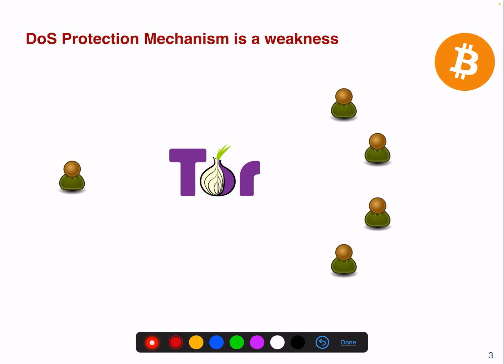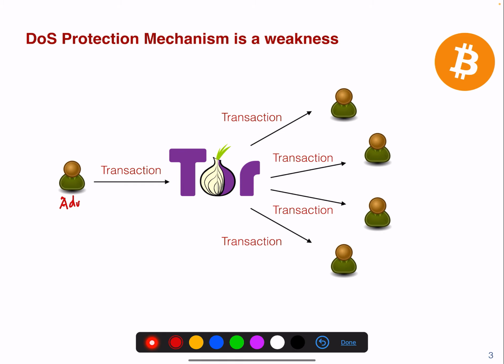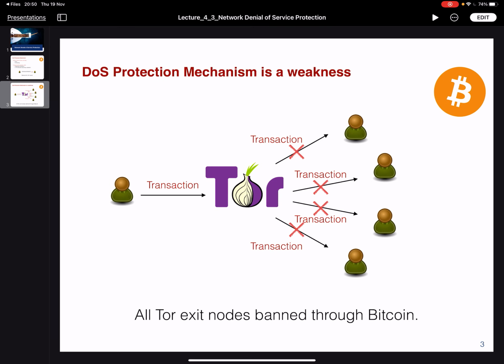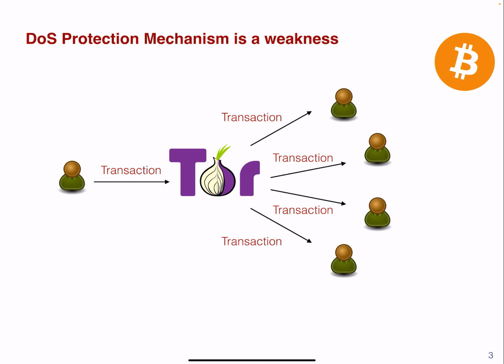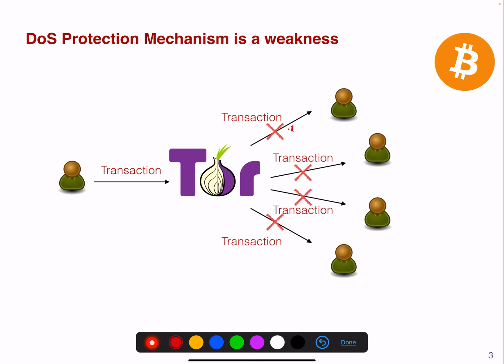Okay, so what an adversary could do, so this is the adversary, that's the bad guy. He's sending a transaction through Tor. So this transaction, for example, has a bad signature, right? So if you have a Bitcoin connection to one of these peers or to all of these peers, and you're sending this transaction to all of these peers, then these peers will suddenly associate a penalty of 100 to you, right?